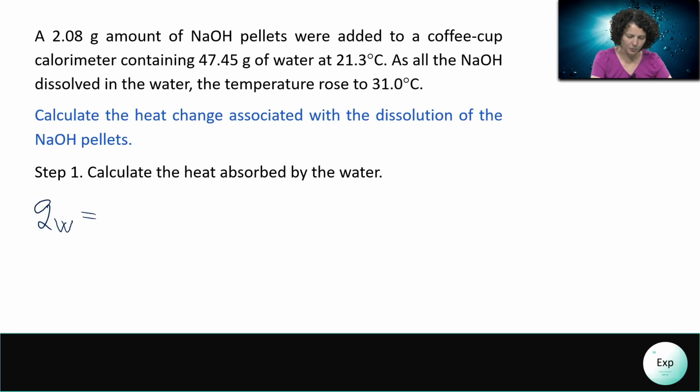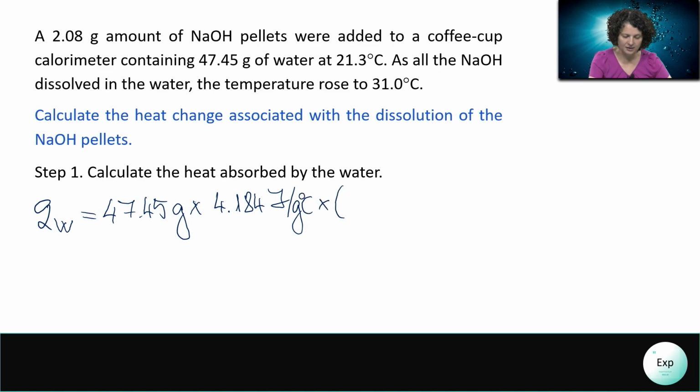The heat of the water is the mass of the water, which is 47.45 grams, times the specific heat of the water, which is 4.184 joules per gram Celsius, times the temperature change of the water, with the final temperature first, 31.0 degrees Celsius, from which we subtract the initial temperature, which is 21.3 degrees Celsius in this experiment.